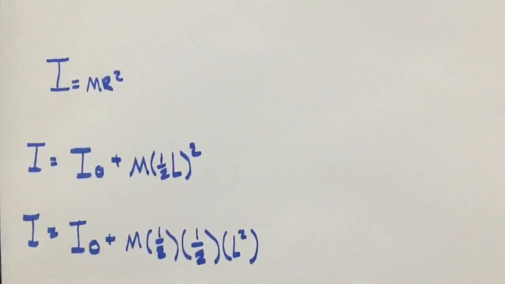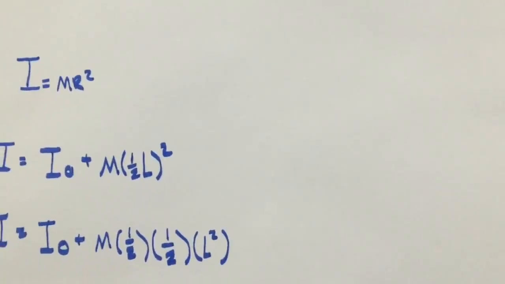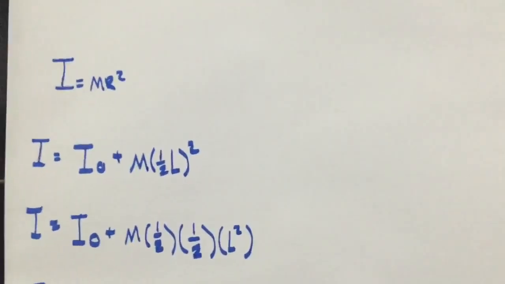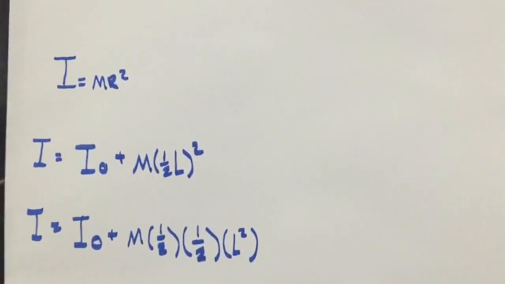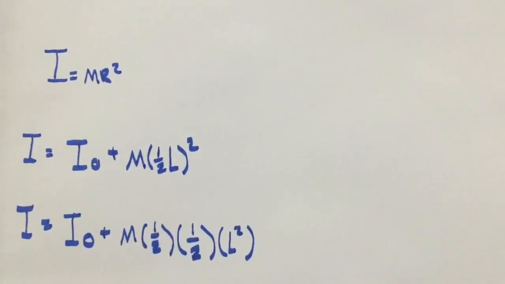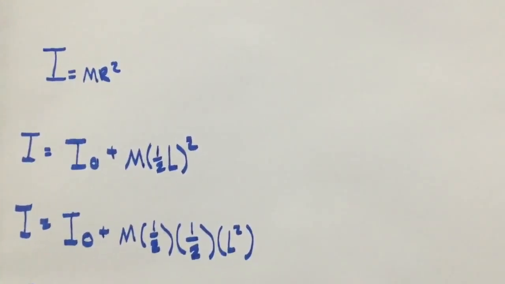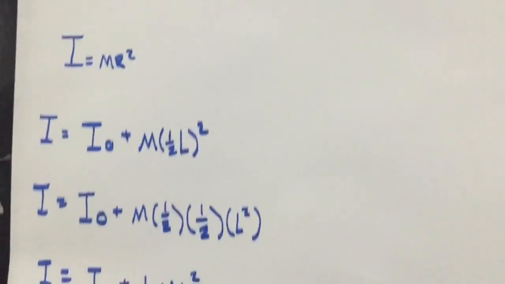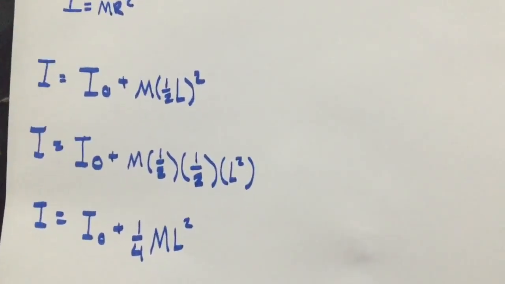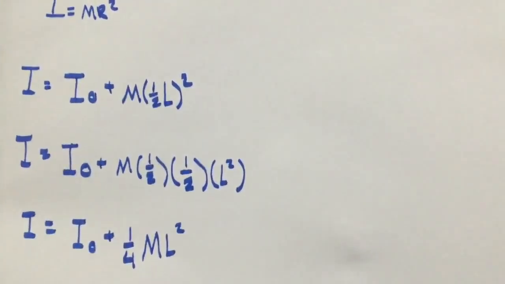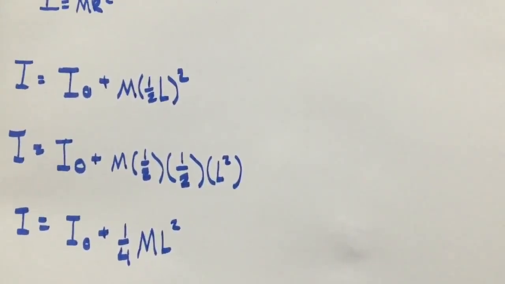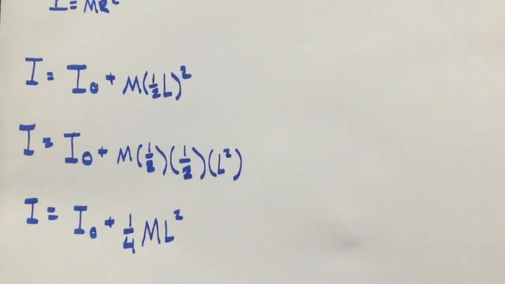And then when you distribute the square to both the 1/2 and the L, you'd get I naught plus the mass times 1/2 times 1/2 times L squared. And then your final answer would be I naught plus 1/4 the mass times the length squared.